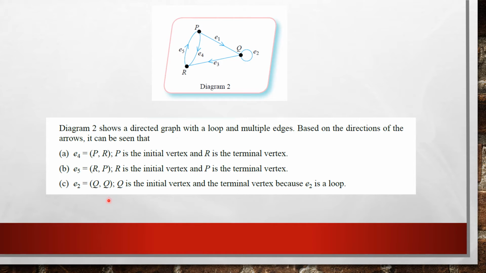So for the loop, you write QQ because it starts with Q and ends with Q. It starts and ends at the same point. So Q is the initial vertex and also the terminal vertex because E2 is a loop. So you will have anti-clockwise and also clockwise.